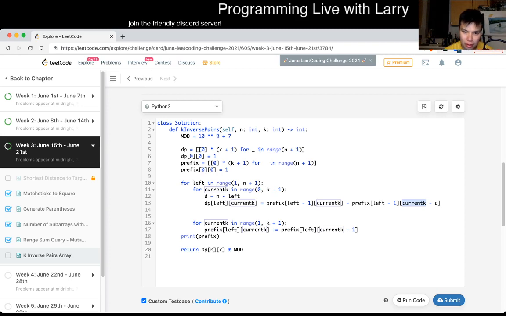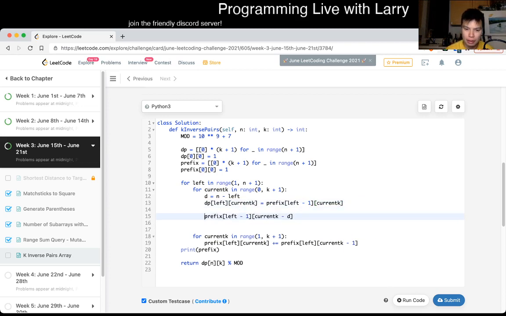Okay. If k minus d is greater than 0, then we do this. Is that good enough?